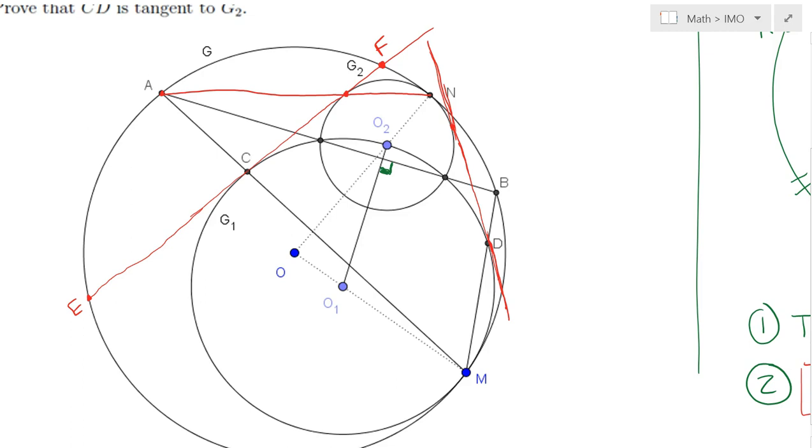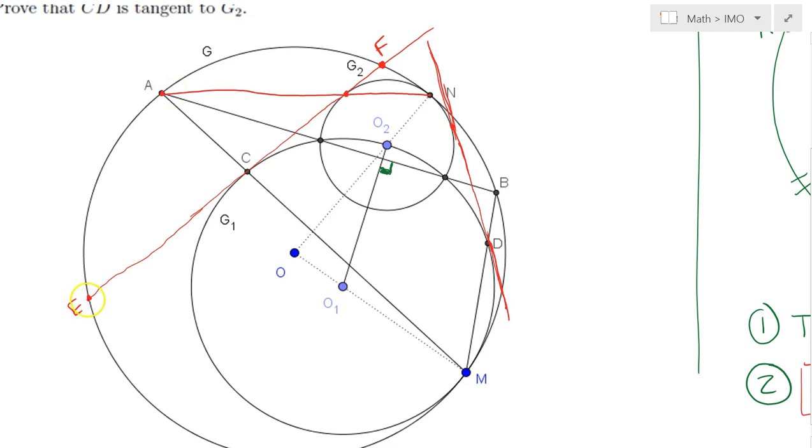As a result, and also by the fact that G1 and G2 are squeezed between that chord and the big circle, it must be the case that M, C, A are collinear, which is given.